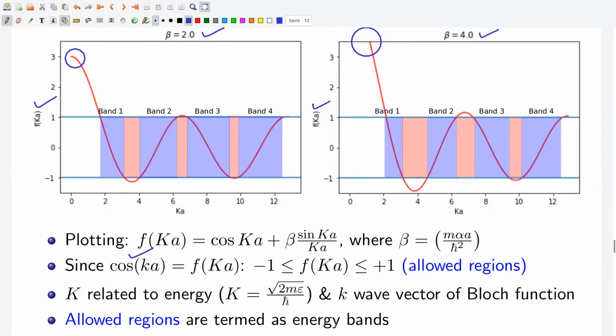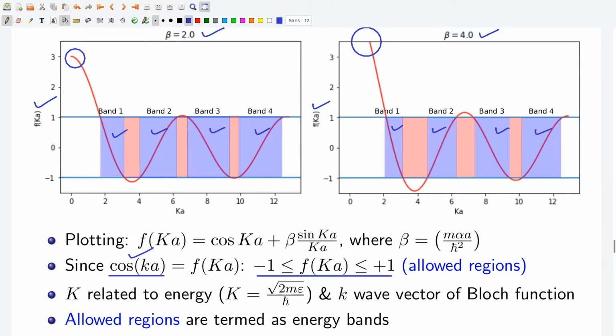But cos ka lies in a range of +1 and -1. Thus, the regions where f of Ka lies between -1 and +1 are the allowed regions. Allowed regions are shaded in blue in the figures.